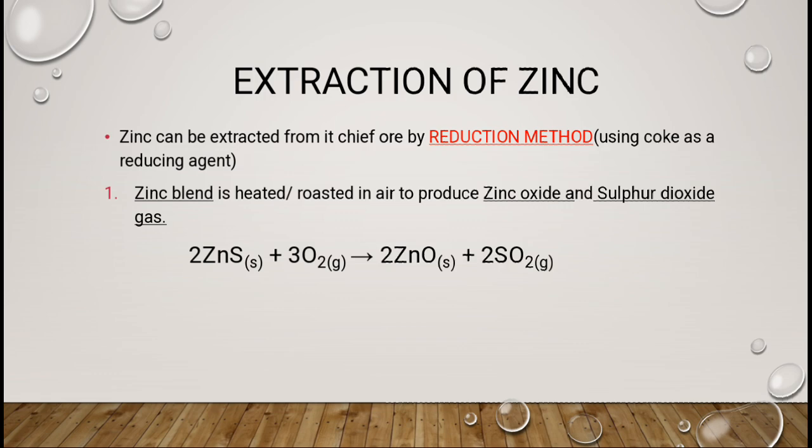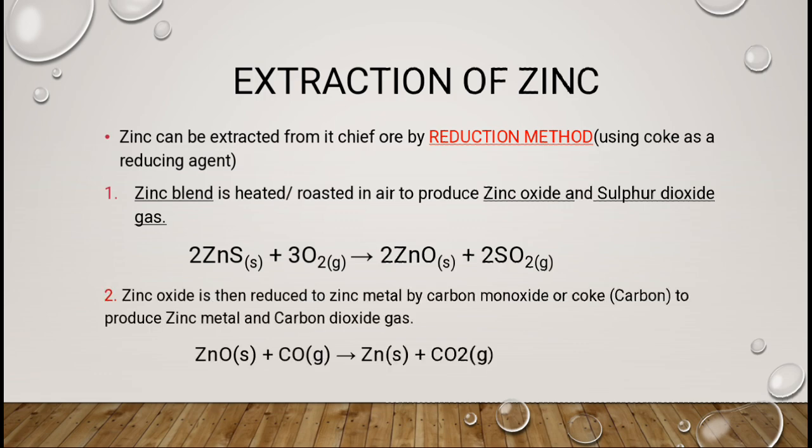Okay, so we're going to say zinc oxide is then reduced to zinc metal by carbon monoxide or coke, which is carbon, to produce zinc metal and carbon dioxide gas.